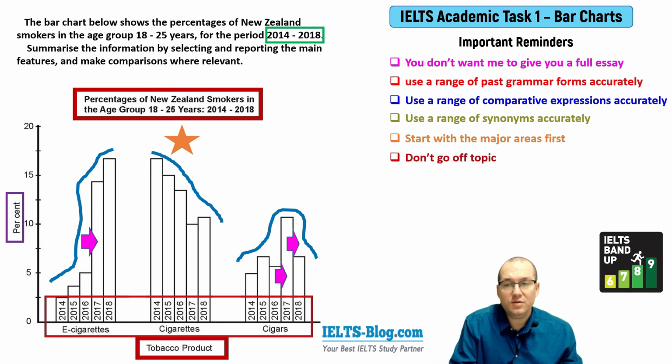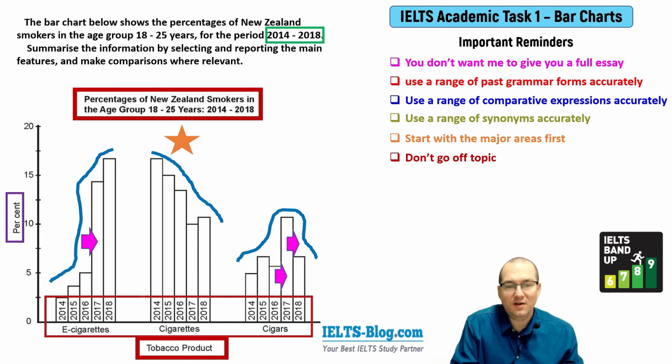And don't go off topic. You don't want to talk about smoking being bad, or maybe cigarette, e-cigarette companies started advertising more. You don't want to start speculating. Your job is to just report. Now, the one thing that you might want to speculate in this one compared to others is 2017.